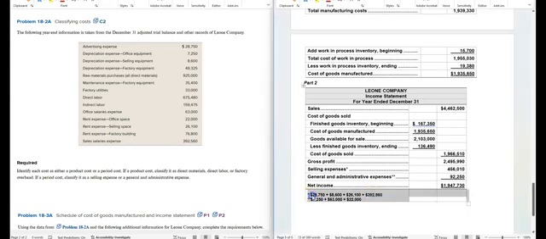So if I add up my selling expenses, they total $456.10. If I add up my general and administrative expenses, they total $92,250. So my gross profit less my selling and general and administrative costs means the company earned a net income of $1,947,730. All right, hope this helps. Reach out with questions.